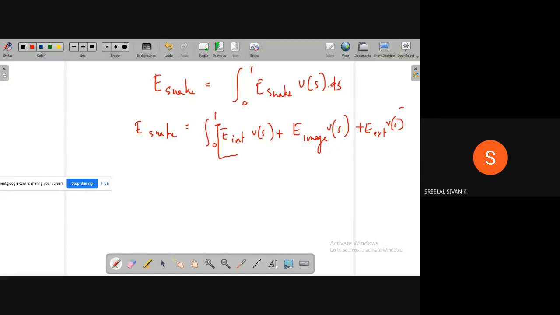This is the common calculation defining the energy. Here we are calculating internal energy, external energy, and image energy.